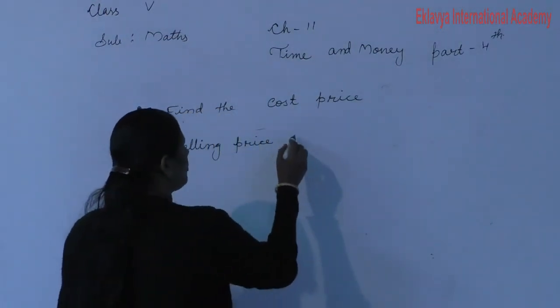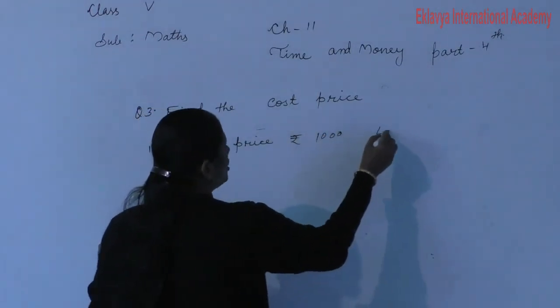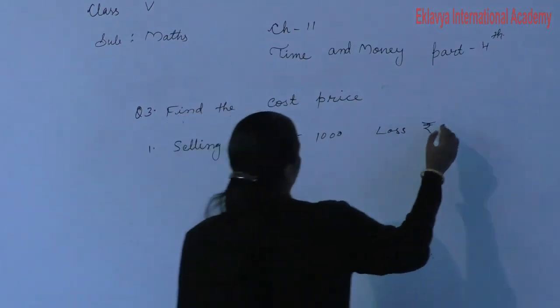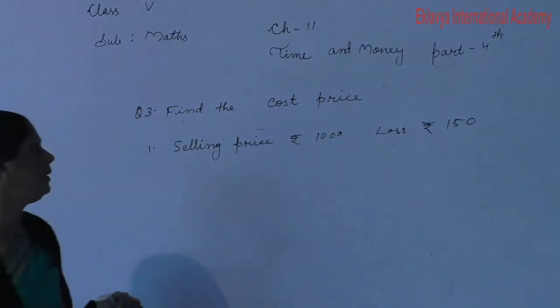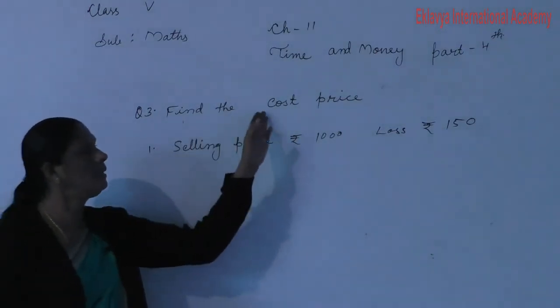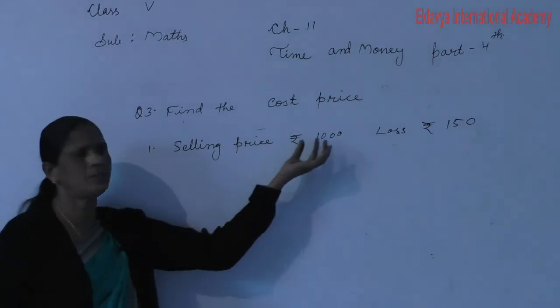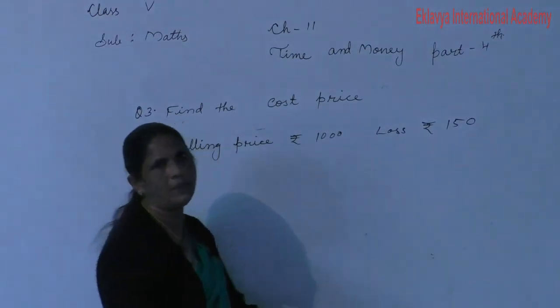Selling price is rupees 1000. Loss is rupees 150. Here, find the cost price. Selling price rupees 1000, loss is rupees 150.